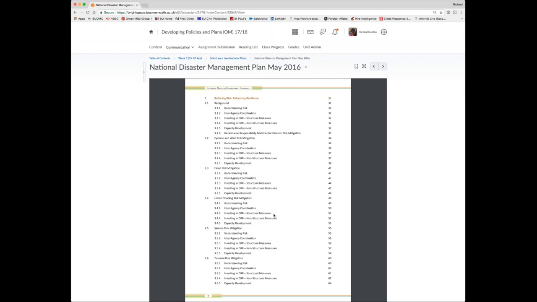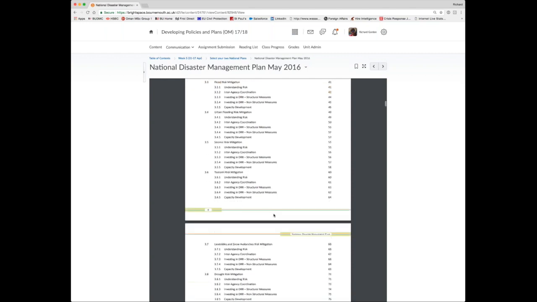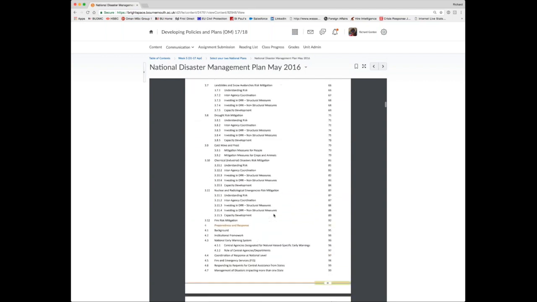If you look at chapter 3, about reducing risks and enhancing resilience, you have not just the identification of different types of important hazards, but also a clear identification of DRR within each section, so that quite a large majority of this plan, from page 31 through to 64, some 30 pages, is about disaster risk reduction concepts.